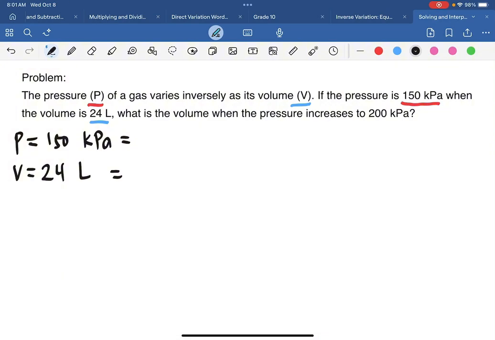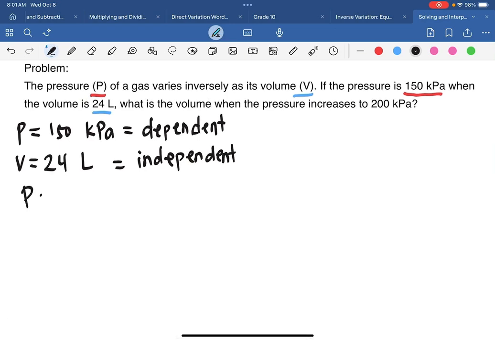So that means P here, the pressure, is our dependent variable as to how many liters there are. So this one here is the independent variable. Now, rewriting this, we have P equals K over V, or P varies inversely as V.